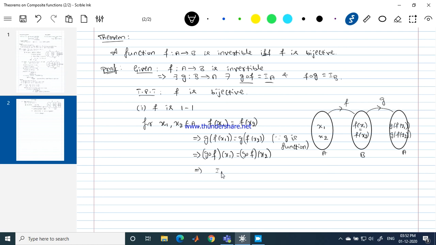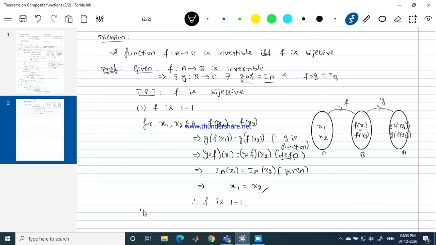This implies IA of x1 is equal to IA of x2. This comes from the definition and this comes from the given. That is, the function is invertible, that says F composition G is equal to IA. So IA of x1 is x1, IA of x2 is x2. We started with an assumption that F of x1 and F of x2 are the same. Finally, we proved that x1 and x2 are not two different elements, they are the same. Okay, so hence the function F is 1 to 1.